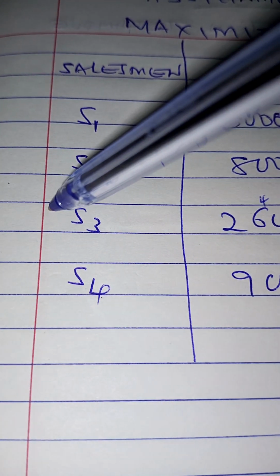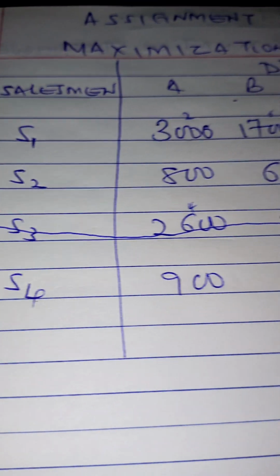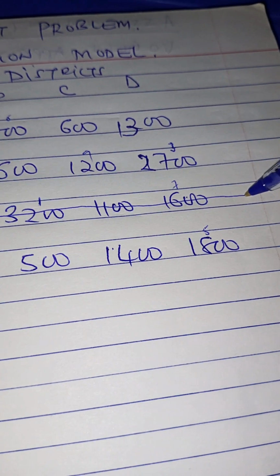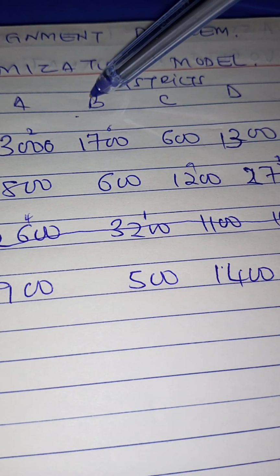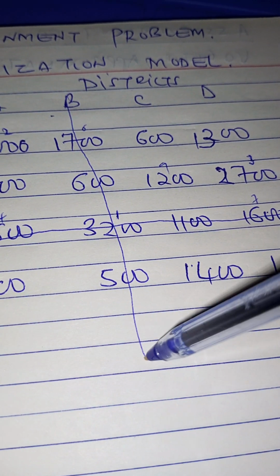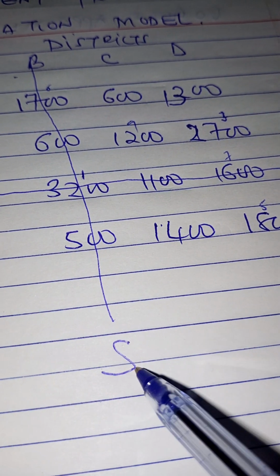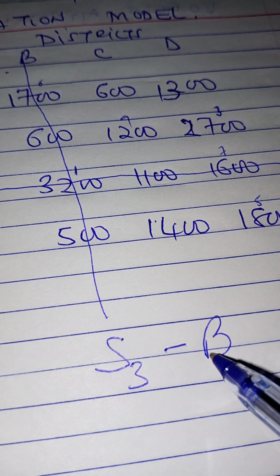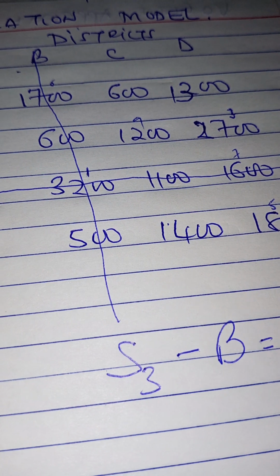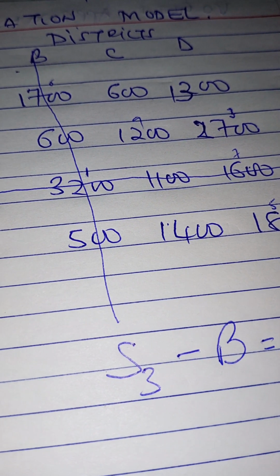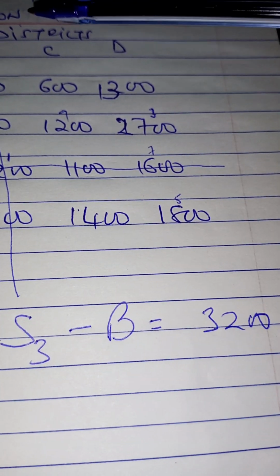And therefore, we shall cancel out salesman 3 S3 and also cancel out district B, and then we shall assign salesman 3 to B, giving me 200,000 in revenue.